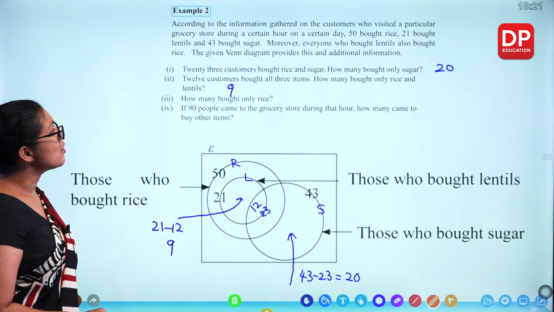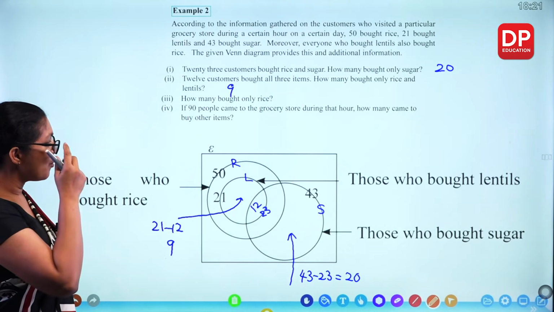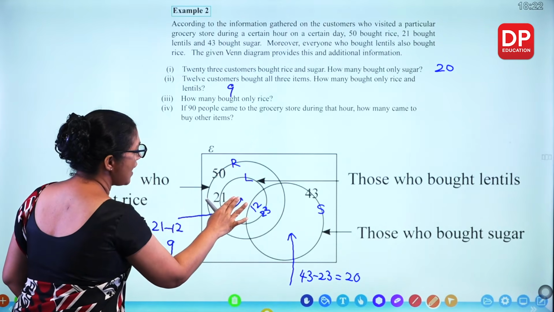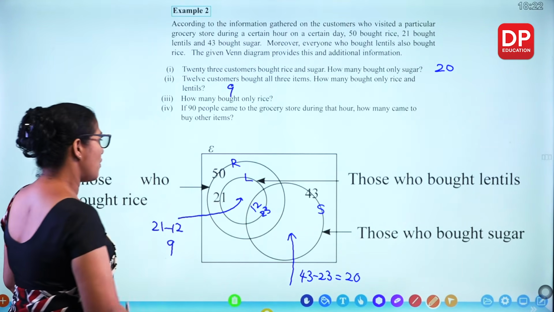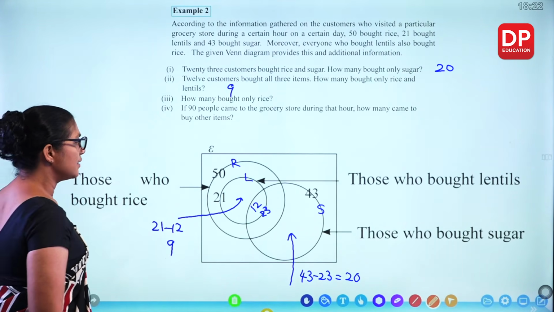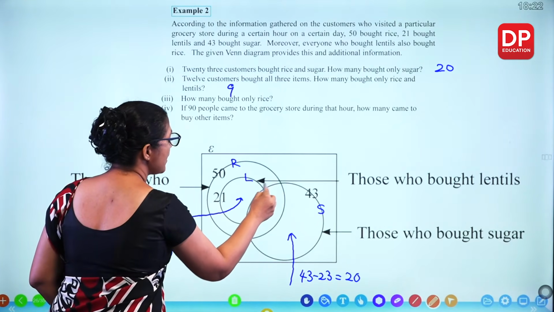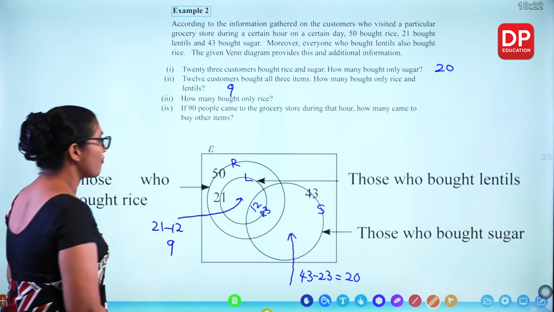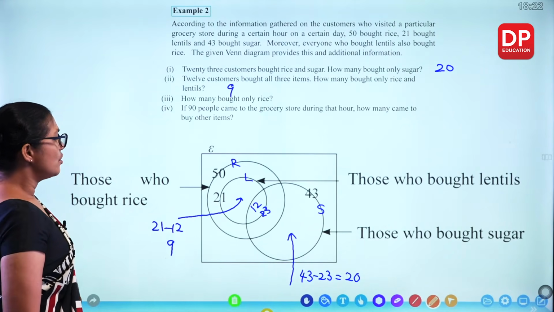How many bought only rice? So only rice is this region. So this is 9. And what about this part? You are asked to find out this region, only rice. So we'll do this way.